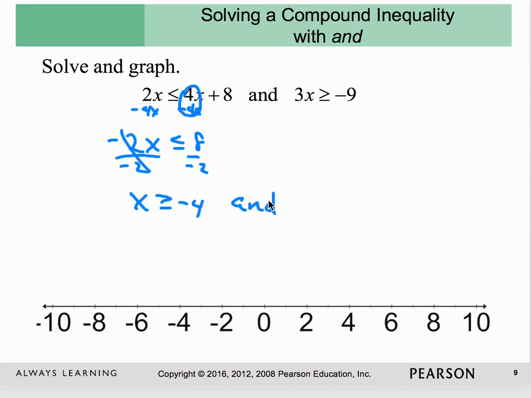Then I have an and. This is not dividing by a negative, so the sign does not change. Okay, so negative 4 facing that way, and it's a bracket this time because we have the equal part. And greater than negative 3. Okay, so a bracket again.